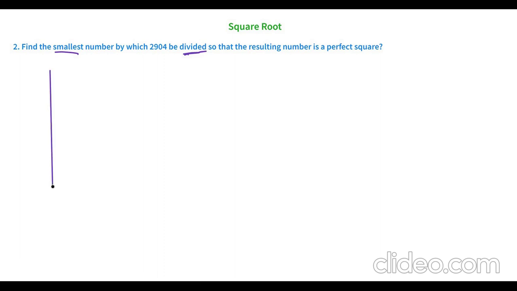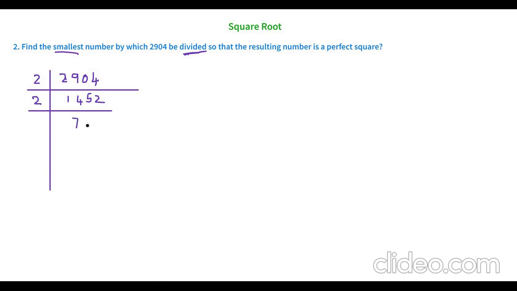So let's start doing the question. 2904. Since this is an even number, this will be divisible by 2. This is 1452, and this would be further divisible by 2. So we get 726.